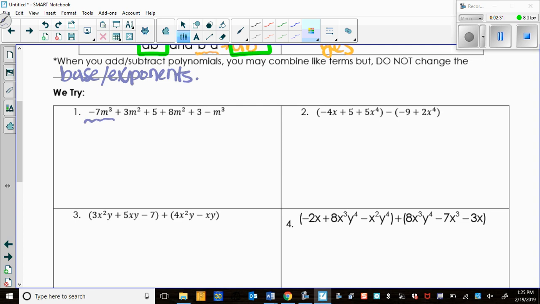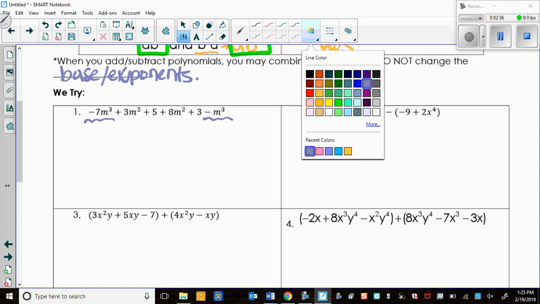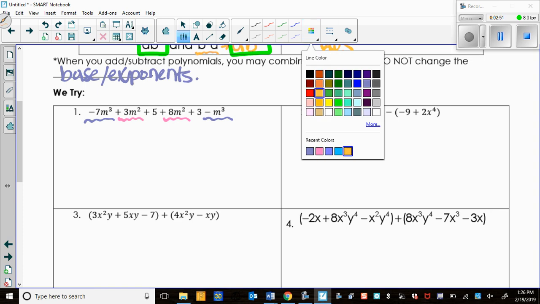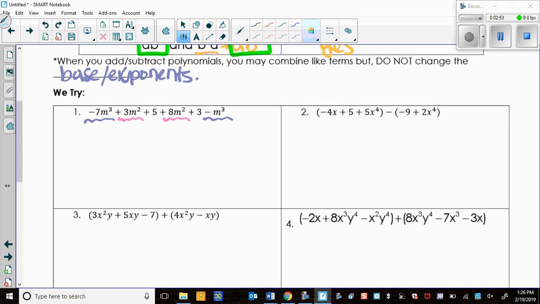I'm going to highlight negative 7m to the third power and negative m cubed. And then I'm also going to underline with a different color positive m squared and positive 3m squared and positive 8m squared. And then the last one, let's do blue. I'm going to underline my constants.